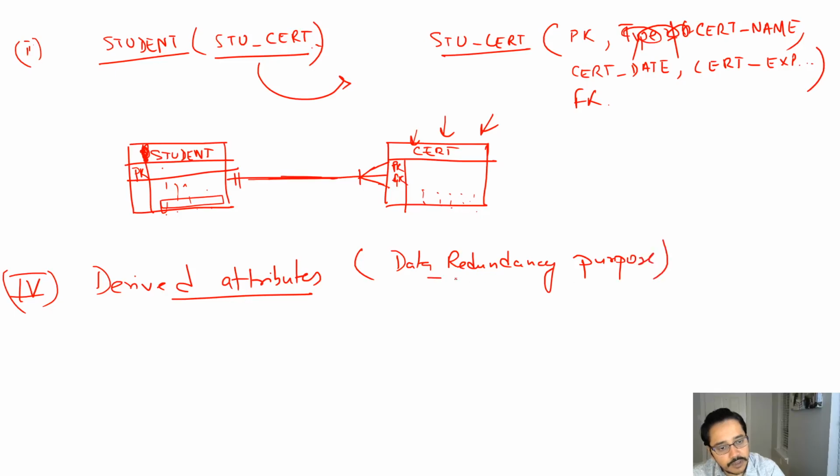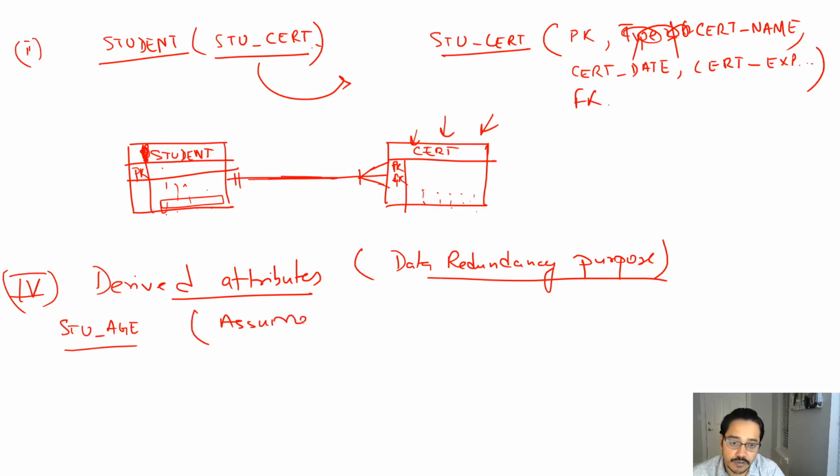That is why you need to assess your design to see if you have derived attributes or not. Derived attributes are similar to age. Assuming you are also storing the value, age will be a derived attribute if I assume that I also have a field within this table which is student date of birth.